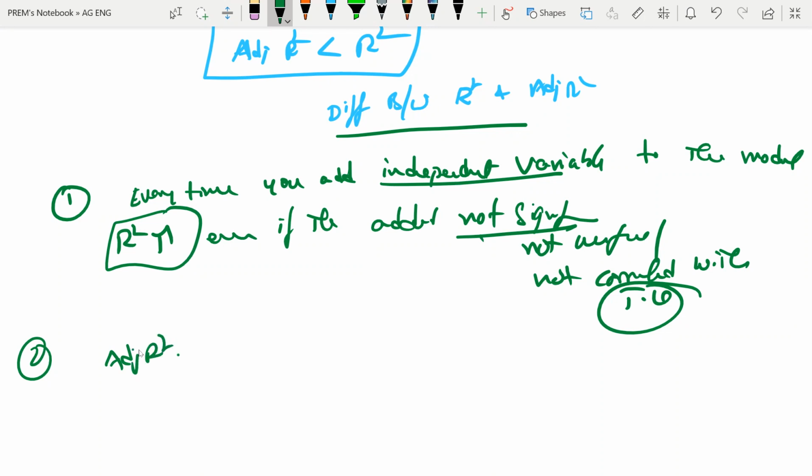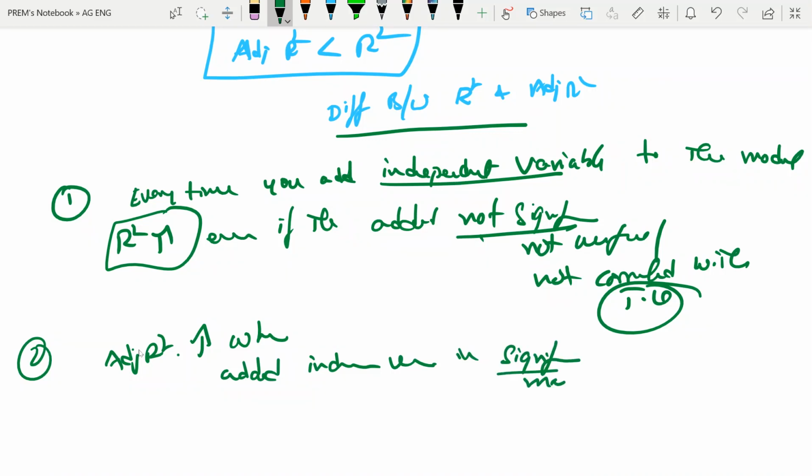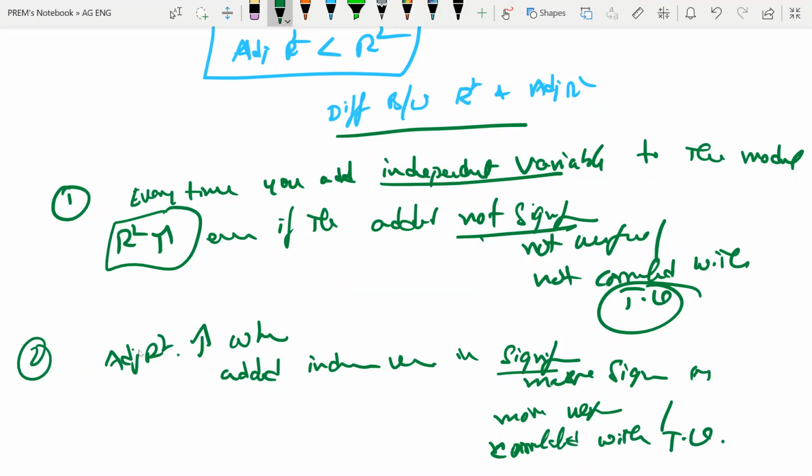Adjusted R square will be increasing only when the added independent variables are significant. Significant means more useful or correlated with the target variable.